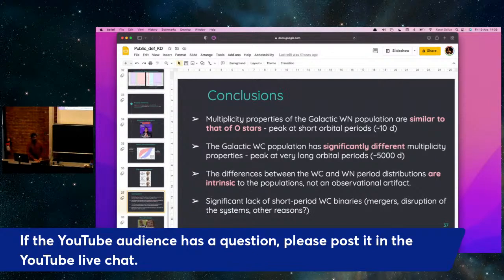So do you think that could be telling you something? Could it be that the WN Wolf-Rayet stars are the ones that are coming from the single channel, and maybe the other ones are products of binary interaction?